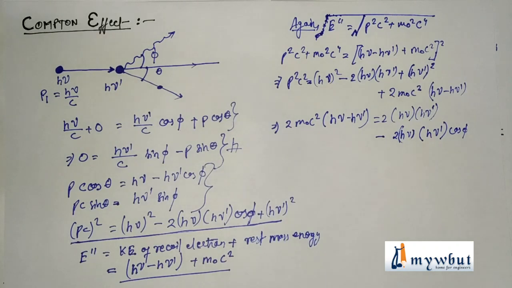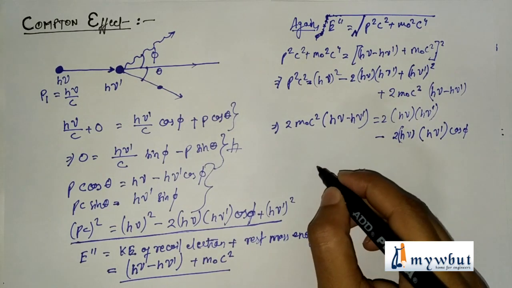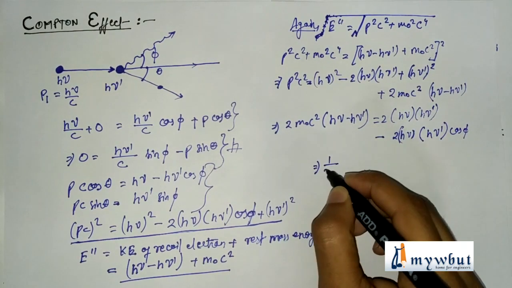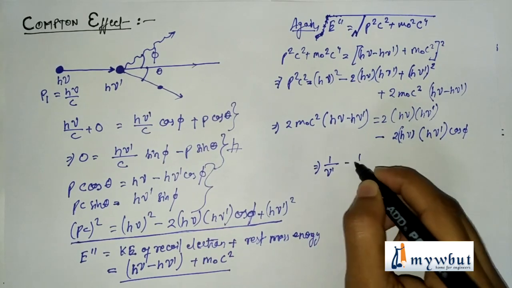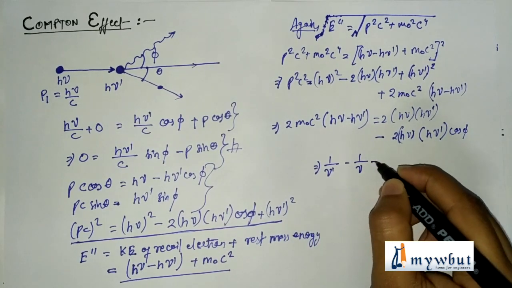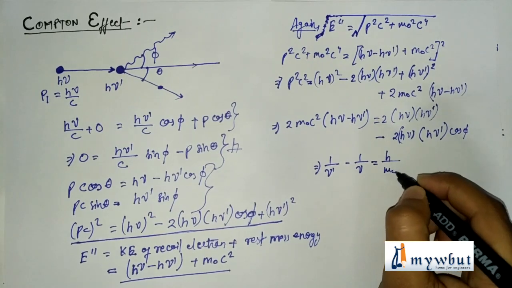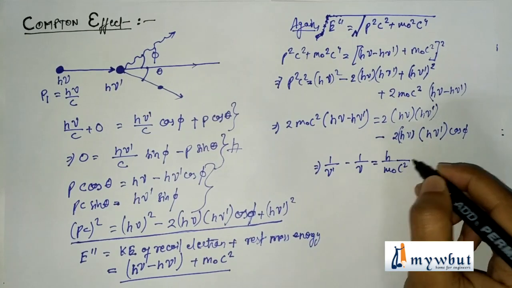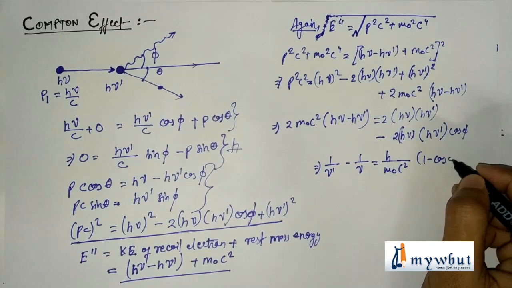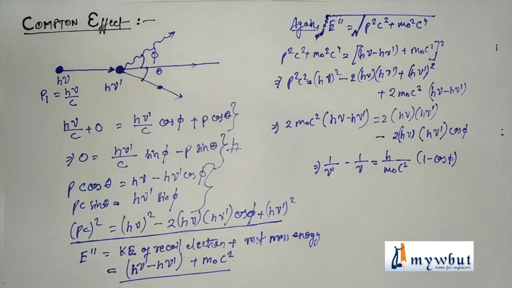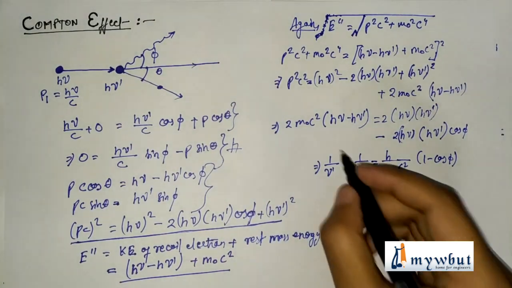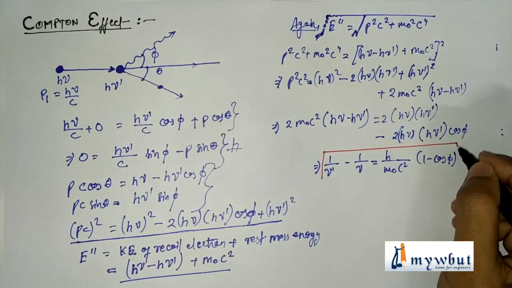So after solving this, what we will get? We will be getting 1 by nu dash minus 1 by nu equal to h by m naught c square into 1 minus cos of phi. So we will be getting this in terms of frequency.